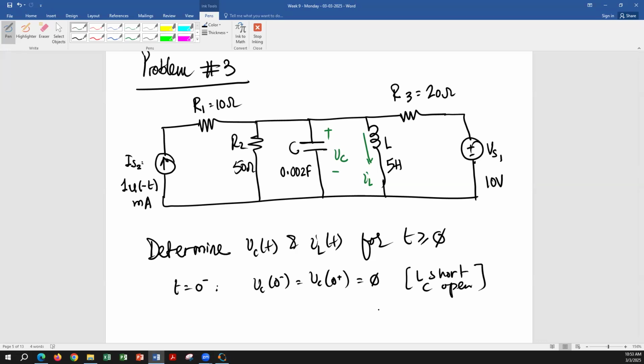No initial voltage across the capacitor because it's a parallel RLC. Well, L, C and R2 are in parallel to each other. And of course, when inductor is short, since at a steady state it's going to become short, capacitor voltage is going to be 0. Okay, how are we going to find the inductor current now?